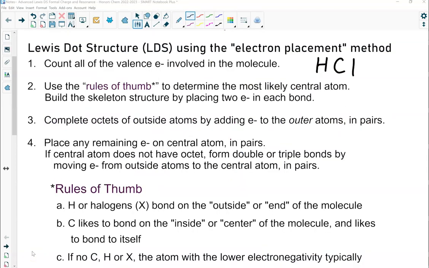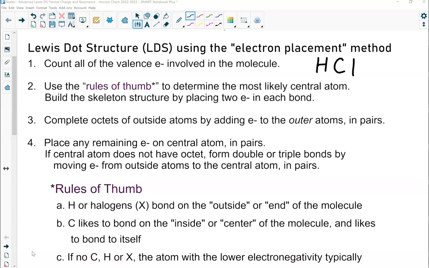Okay, so let's look at how we can draw Lewis dot structures using this method called the electron placement method. We're going to use a sample molecule, HCl. If you're going to place electrons, you need to know how many electrons you're dealing with.